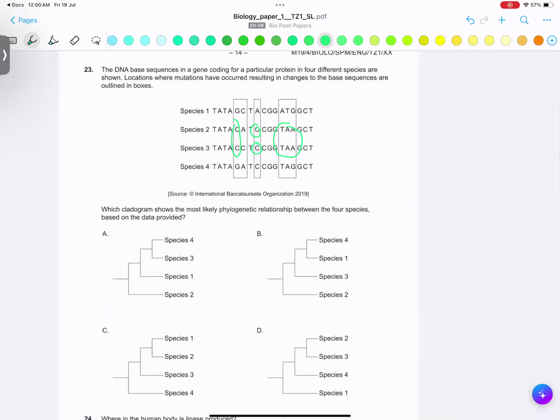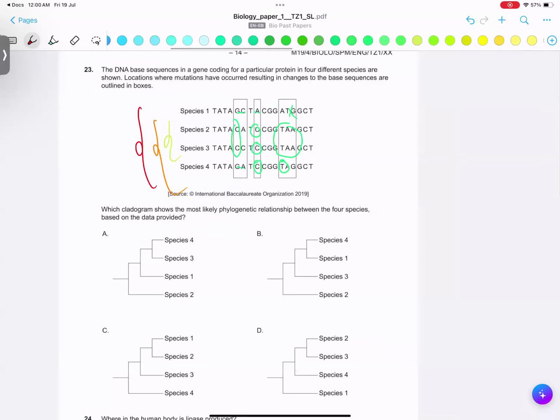From here, these two are different here, both ways are both different. But here this one's similar, this one's not. And we can see there are some similarities here, but here there are no similarities. So these are the two most similar. These are quite similar, and this is the last one.